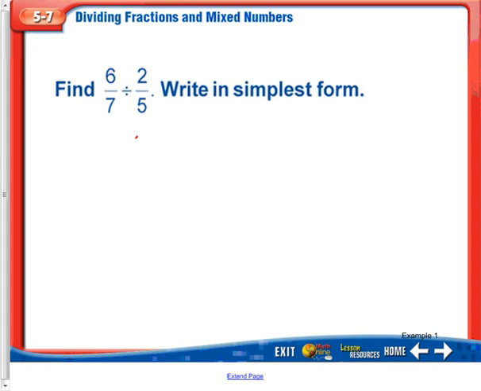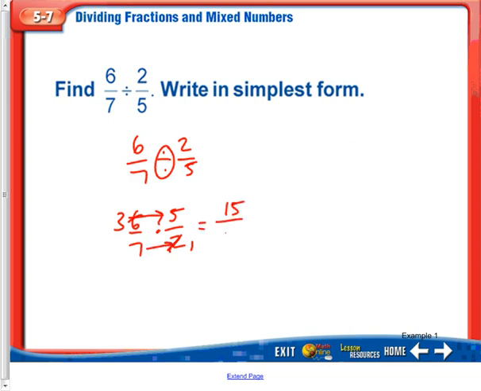Here again, start by copying the problem: 6/7 divided by 2/5. We're not going to divide, we're going to do 6/7 times 5/2. I can simplify the 2 and the 6, and then multiply straight across. It'll be 15/7.